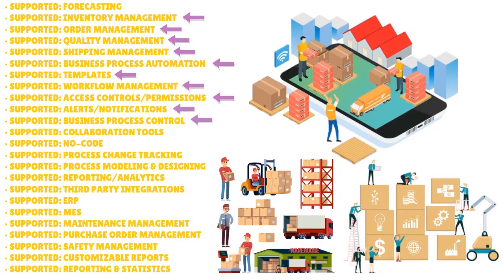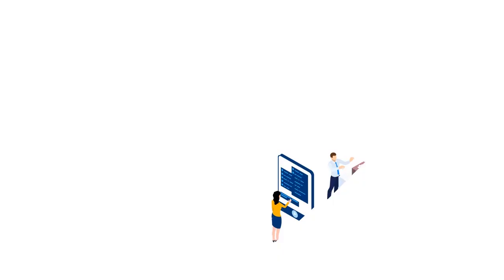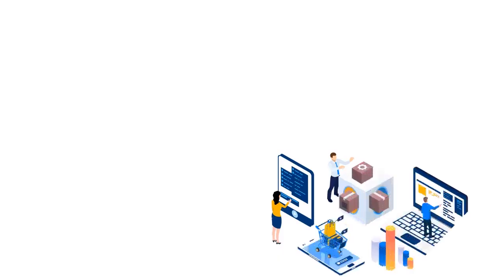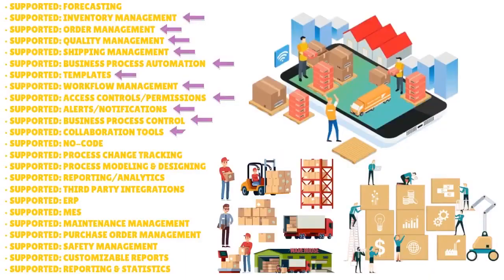You have business process control. What we love about this business process control is that you can automate all kinds of functions as they relate to your warehouse operations. You have collaboration tools. You have no code, so the no code part of things is pretty interesting. You have process change tracking. You have process modeling and designing. You have reporting and analytics.